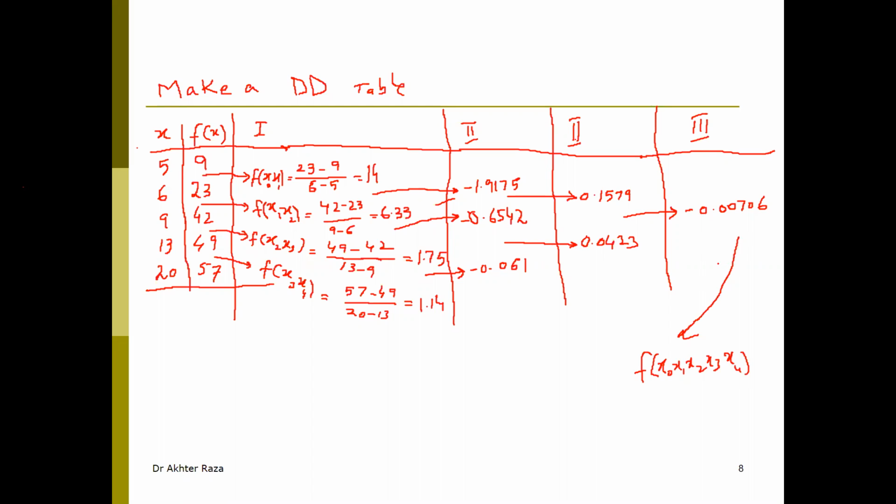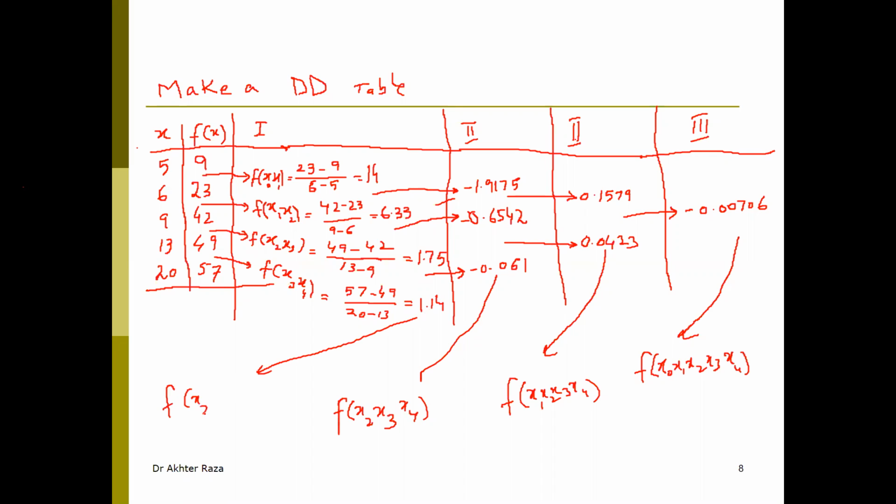This is the notation for this entry, and this entry has a notation of f[x1, x2, x3, x4], and this one f[x2, x3, x4]. This entry has a notation of f[x3, x4]. I already wrote down the notation here.